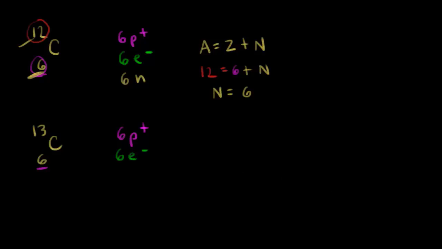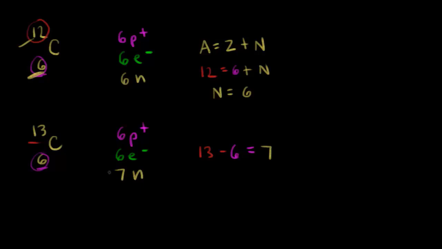And then finally, how many neutrons are there? Well, just like we did before, we subtract the atomic number from the mass number. So we just have to do 13 minus 6 to figure out the number of neutrons. So 13 minus 6 is, of course, 7. So there are 7 neutrons in this atom.